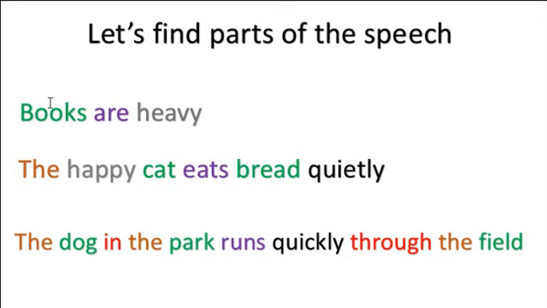You can see the color green is the noun, and here we have a noun and a noun. The verbs are eats, runs. Adjectives: heavy, happy, and so on.